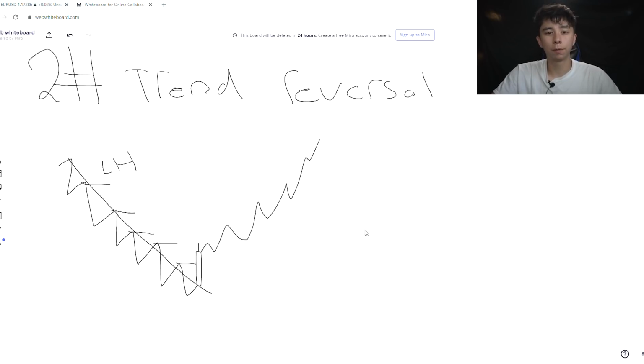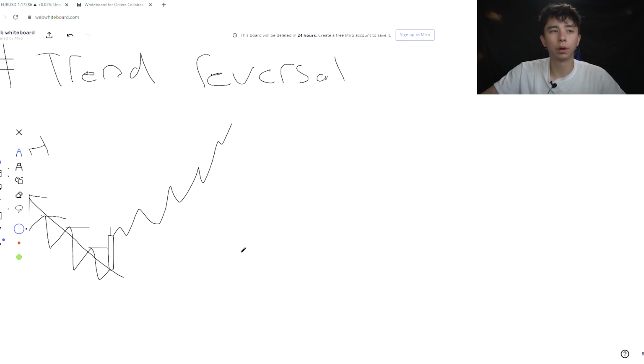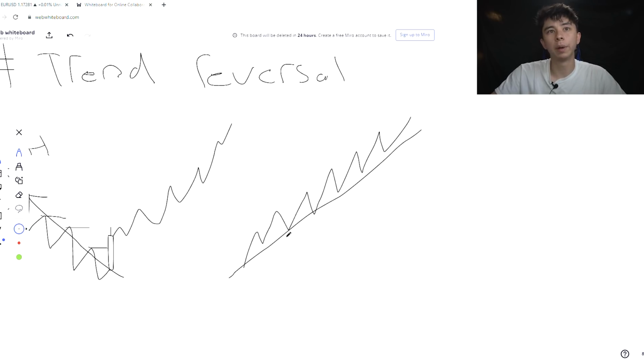Okay. Now for the opposite, let's say you are in an uptrend and you want to figure out when it will reverse into a downtrend. An uptrend is made up of higher lows. So these higher lows define that it is an uptrend. Now what we are looking for is a candle to close below one of the higher lows. And when that candle closes below the higher low, then we will see it reverse into a downtrend.